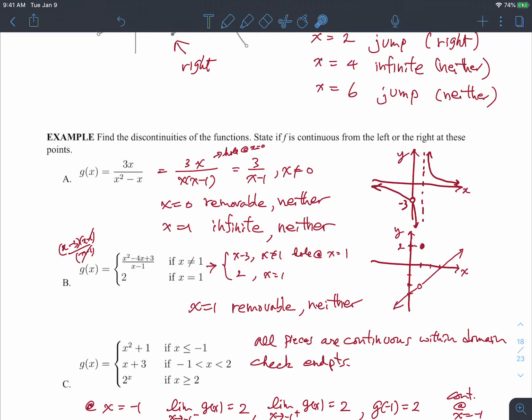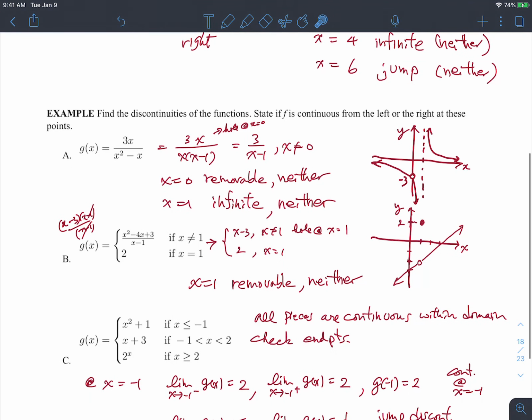And then here is an infinite discontinuity, so it is neither for both of them, right? In terms of its continuity. And then we cross cancel, we come up with this over here. So it's a straight line with a hole at negative 1, but there's a value that exists that was defined for us at 2. So it is removable and it is not continuous on either side.